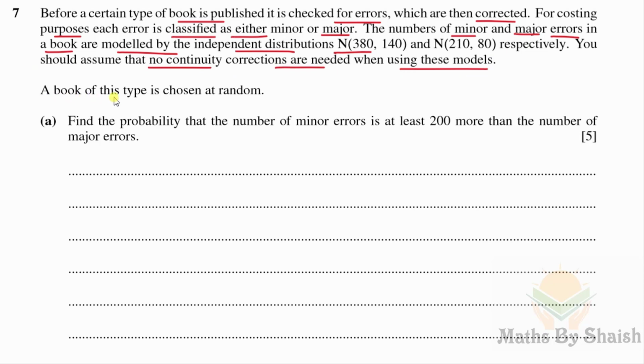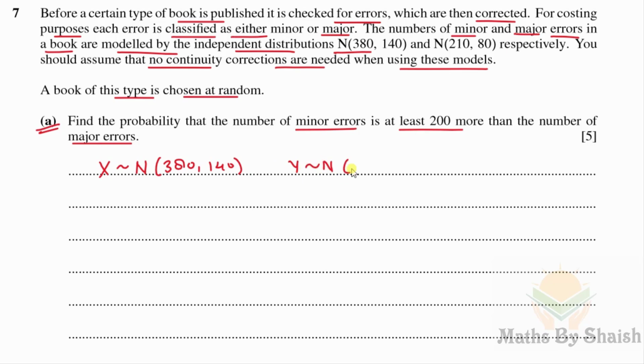A book of this type is chosen at random. Find the probability that the number of minor errors is at least 200 more than the number of major errors. So we can take this as x for minors, so it is normally distributed with the mean 380 and variance 140, and y we can take as the major errors.